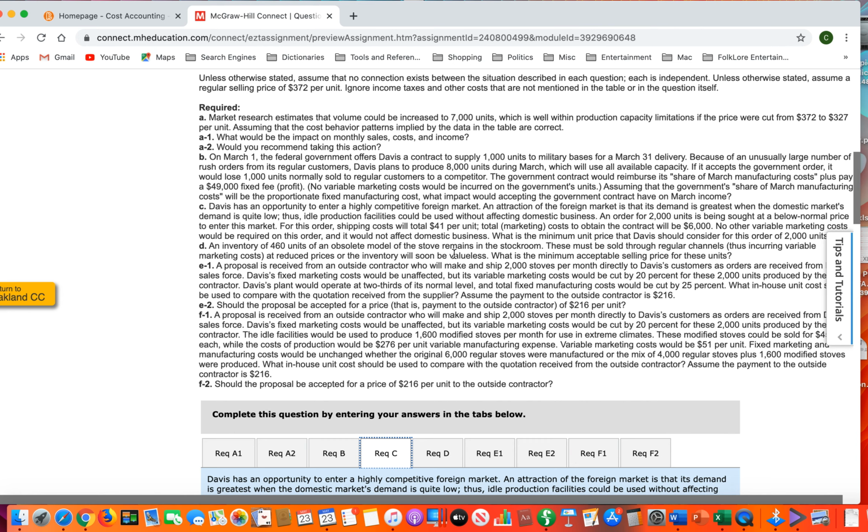An inventory. Oh, an inventory of 460. This is interesting too. Oh boy. D, an inventory of 460 units of an obsolete model that remains in the stockroom. So the model is obsolete. What is the minimum unit price that Davis should consider for this order of 2,000?